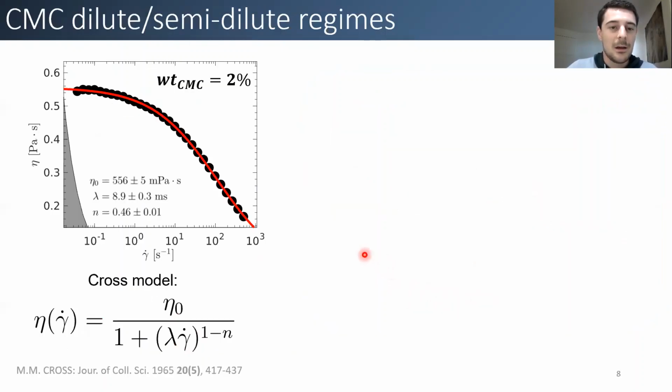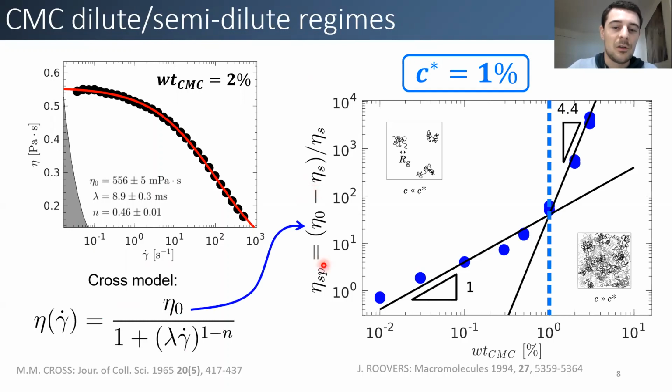To evaluate this for our system, we will take a look at the zero shear viscosity that we extract from a Cross model of the viscosity as a function of the shear rate for several concentrations of polymer. Thanks to the zero shear viscosity, we can compute the specific viscosity, that is the zero shear viscosity normalized by the solvent viscosity, and we plot it as a function of the polymer concentration. You observe here two different regimes.